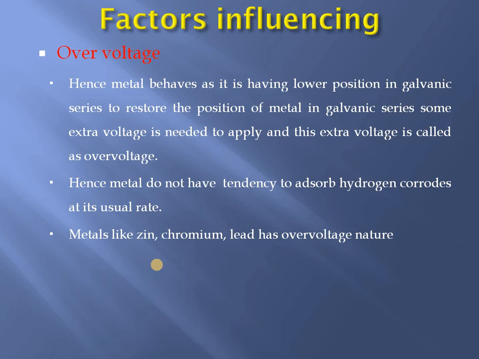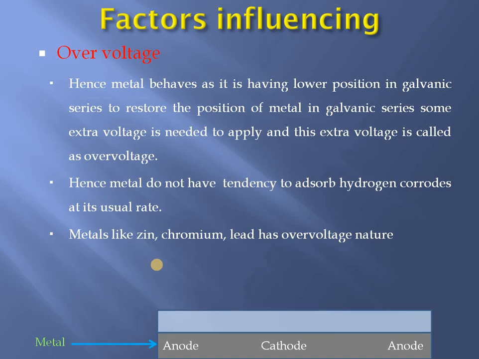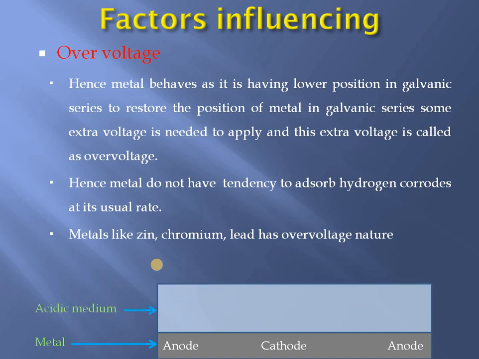So here, suppose there is a metal with anodic and cathodic areas, and this metal surface is covered with an acidic solution. In this case, the hydrogen evolution mechanism will occur and there will be formation of hydrogen bubbles on the metal surface. Now this hydrogen bubble will detach the contact of the acid medium from the cathode.